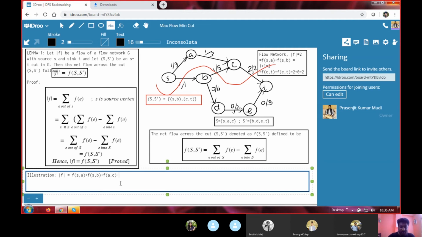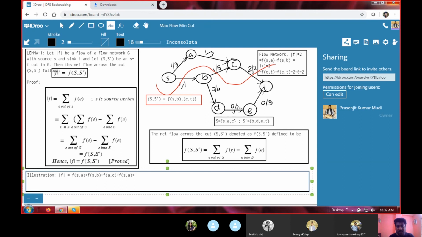So that means it has to be subtracted, S comma A. Okay. So you add up all the outgoing edges and subtract all the flows of incoming edges towards a vertex. So while considering vertex A, we have one incoming edge, one outgoing edge. So plus f of A comma C but minus f of S comma A. Okay. So A is completed.